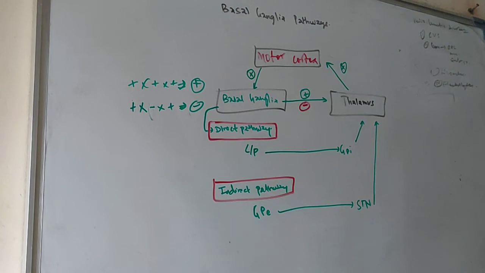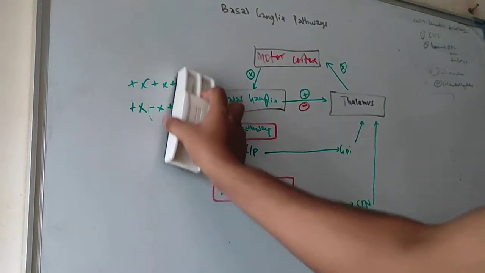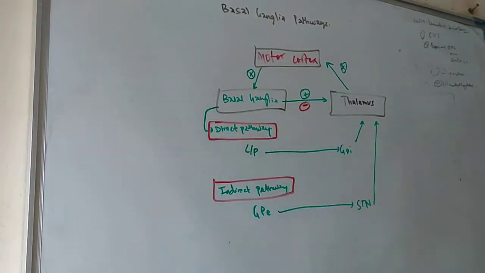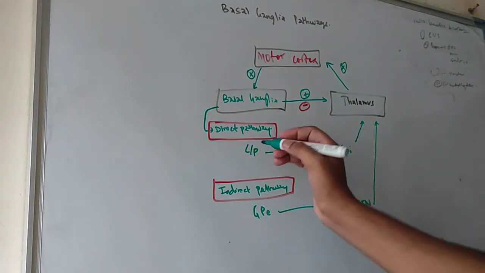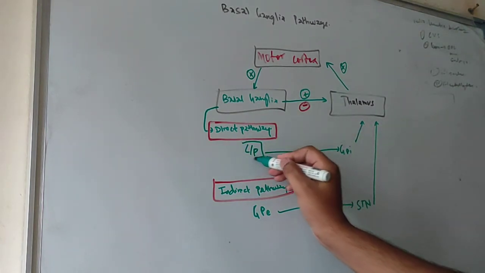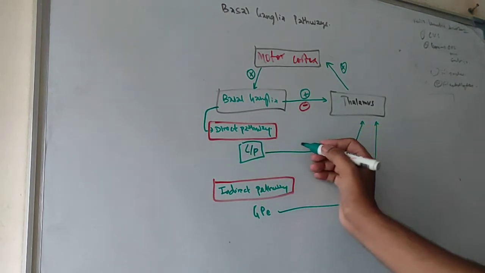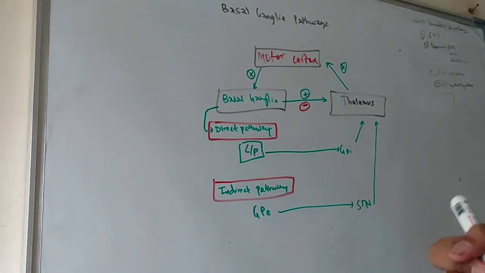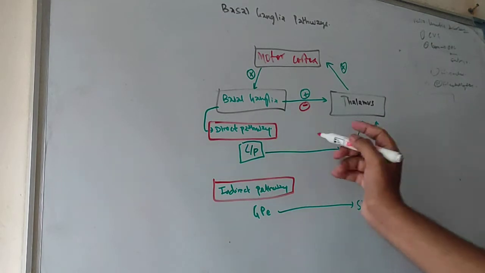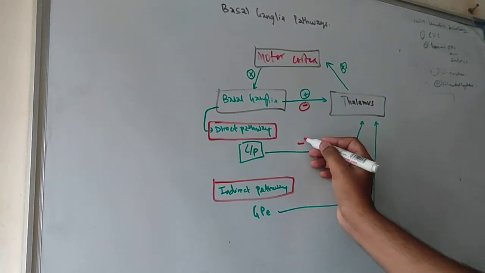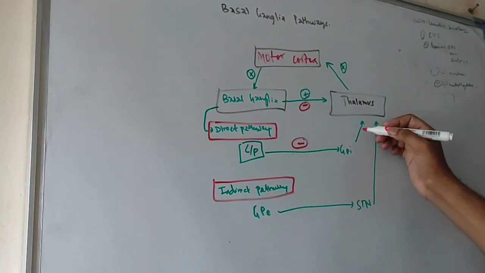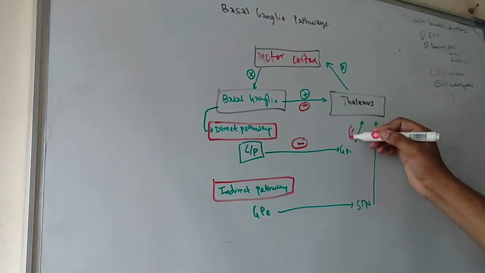There are two main pathways by which the basal ganglia operates: the direct pathway and the indirect pathway. In the direct pathway, there is the striatum, caudate nucleus and putamen, which inhibits the internal segment of the globus pallidus, and the globus pallidus internus also inhibits the thalamus.